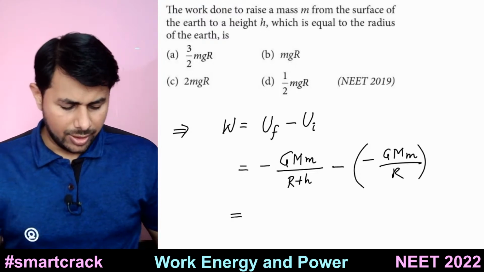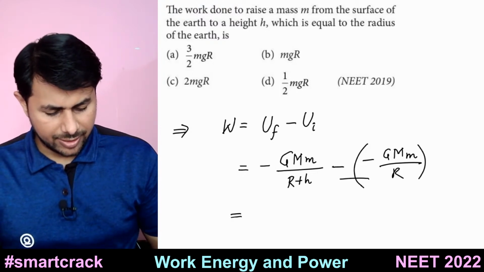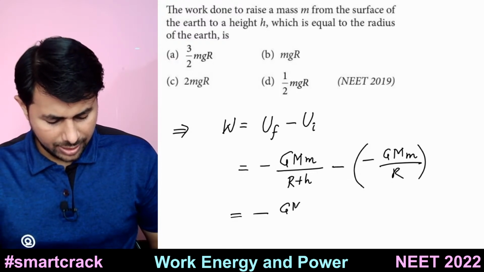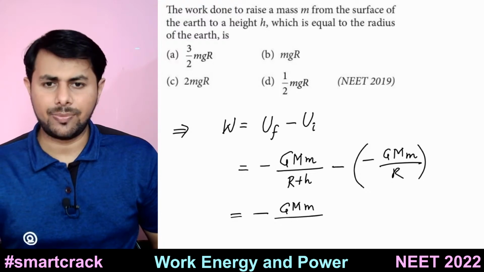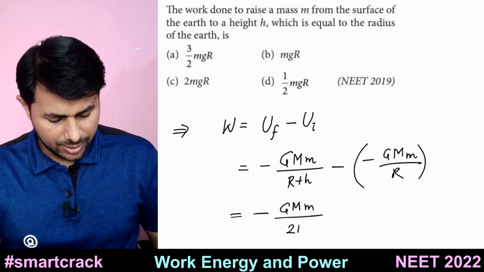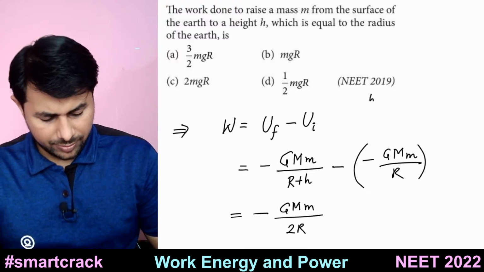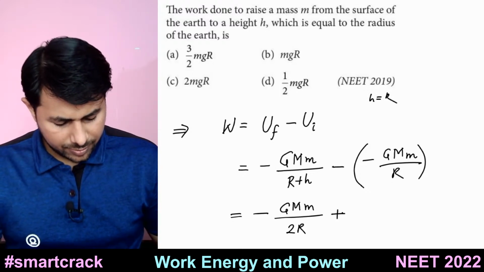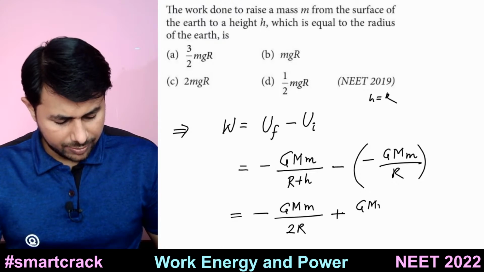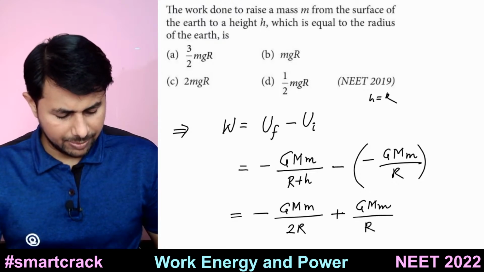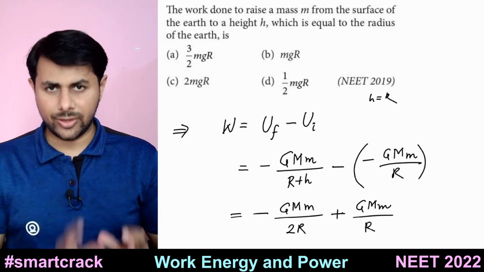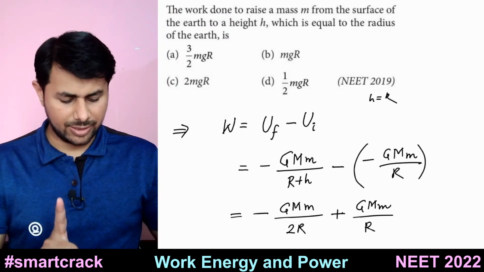Okay, so then this minus minus becomes plus, so we have minus of GMm divided by r plus h, which is 2r, because h is equal to r, right? So plus we have GMm divided by capital R. So it is minus half of GMm upon r plus 1 GMm upon r.